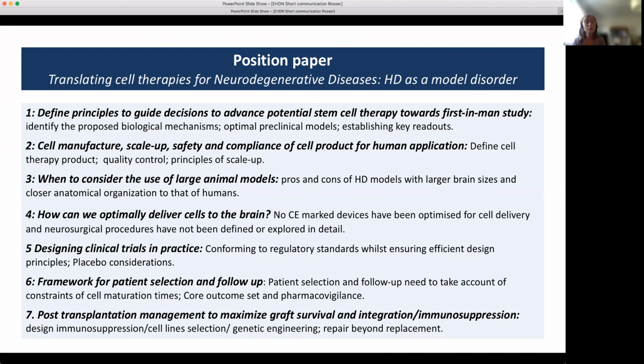These are defining principles to guide when a cell product is ready for consideration for clinical translation, issues related to the safe manufacture and scale-up of a cell product, guidance on the use of large animal models, optimal delivery of cells to the brain, especially considering the lack of a current CE mark device for this purpose, and a number of clinical issues, including ensuring efficient trial design whilst conforming to existing regulatory standards, establishing a framework for selecting patients and developing core outcome measures, considering strategies for optimizing graft integration and function, and importantly, considering strategies for reducing graft rejection.